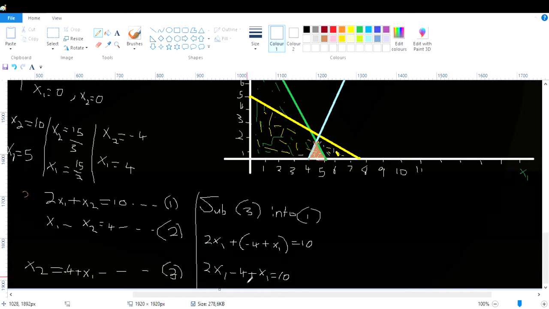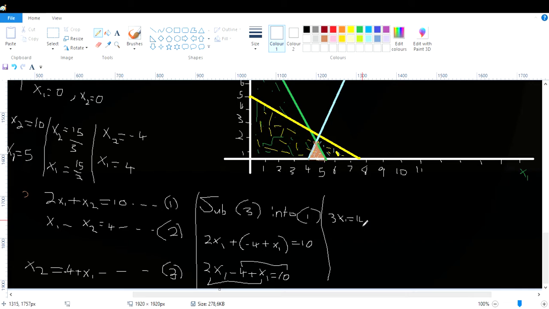Here, let's transpose. These are like terms and these are like terms. 2x sub 1 plus x sub 1 is going to be 3x sub 1, which is equal to 14.